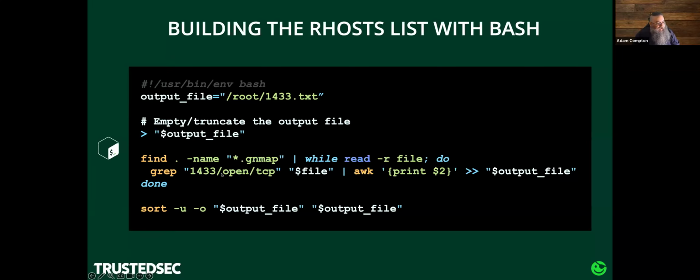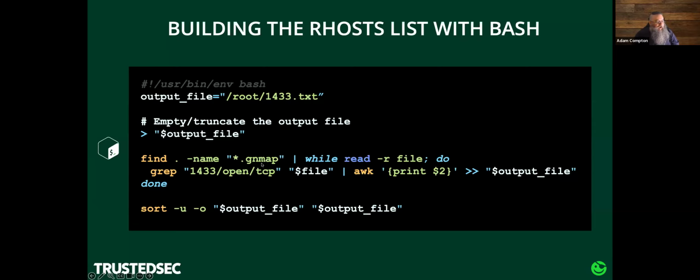It's grepping for that, and if it matches, it then runs awk and prints out the second value. The second value of a gnmap file is your IP. Then the greater than concatenates that to the output file. A lot going on in there.